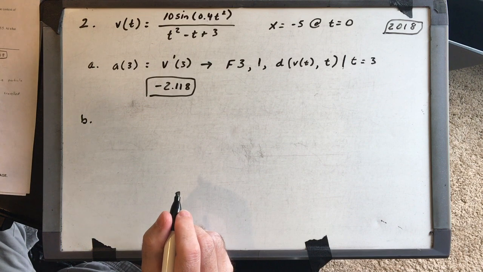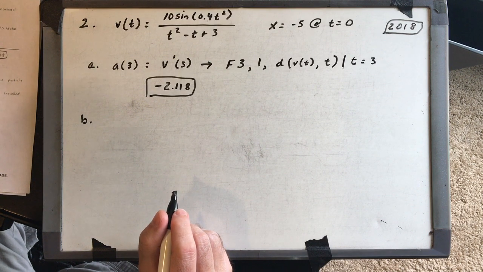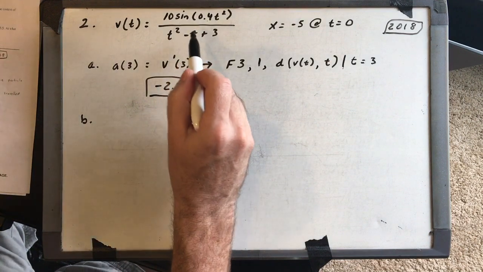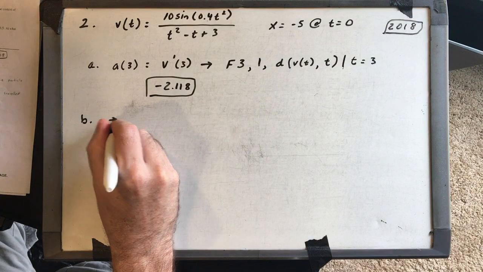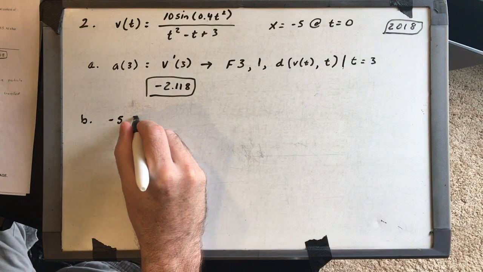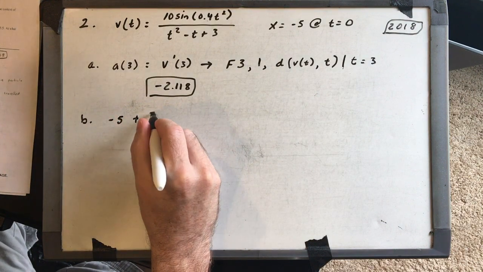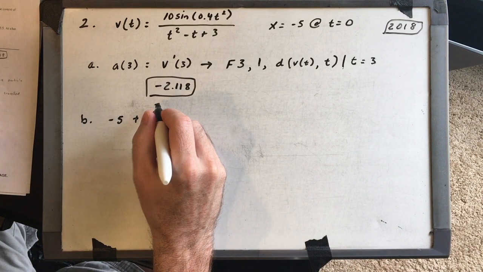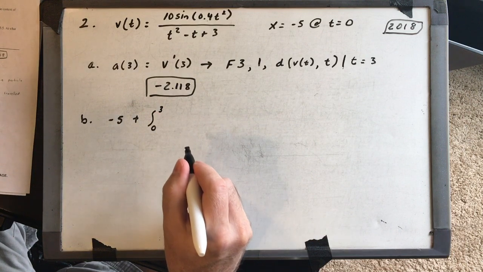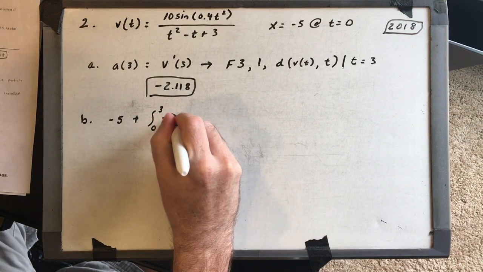Okay, part B says find the position of the particle at time t equals 3. Well, to get position, you have to integrate the velocity. We know we start at -5. And then we have to integrate the velocity from 0 to 3, because that's when we want to know the position, of v of t dt.